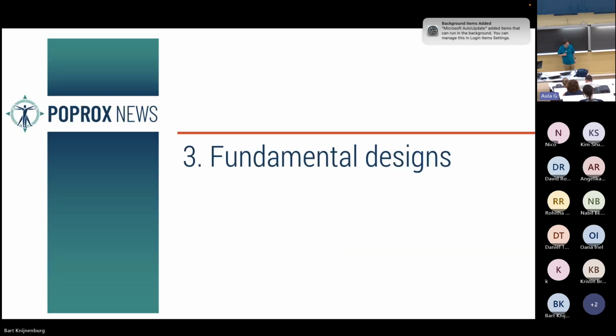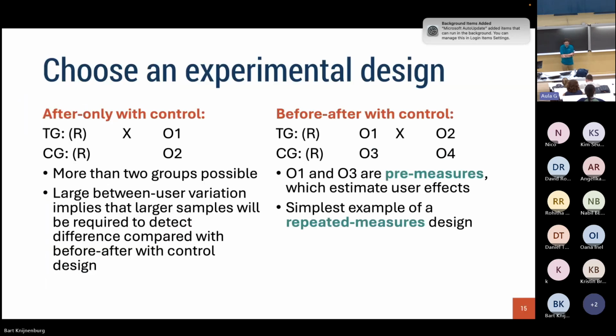Okay, so I now want to cover some of the design decisions that you're going to have to make. And so I'm going to use a notation that goes back to a very famous book by Cook and Campbell on experimental design. And basically what's going to happen here is time is going to the right, all right?